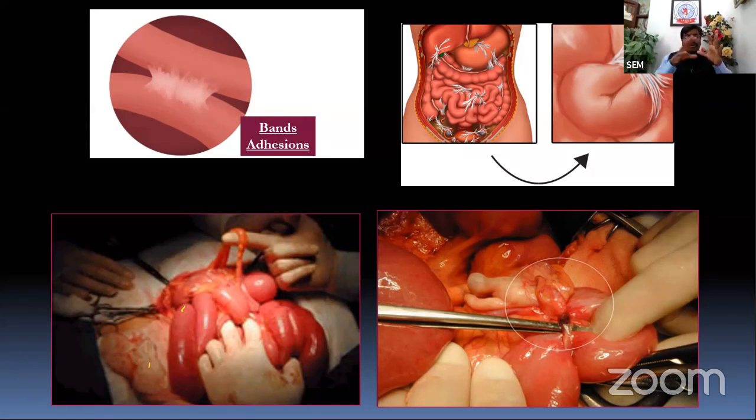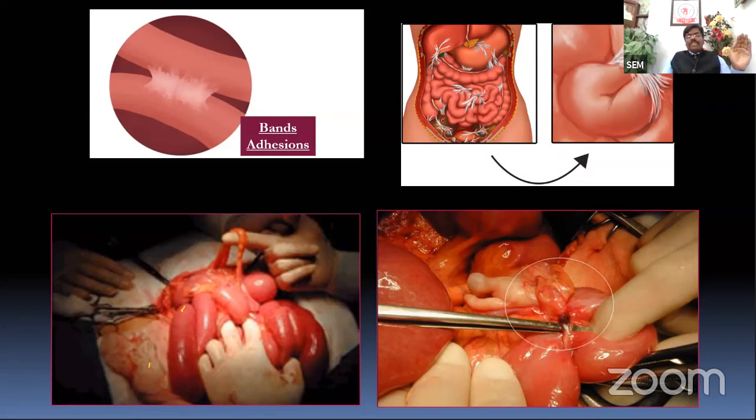So the bowel gets tethered, what we call kinking of the bowel. Wherever there is a stuck point, it will kink, like tethering of the bowel here. Or a band can go right across a loop of bowel, like here. So here is another band. So adhesions and bands are the penalty we pay for previous surgery.